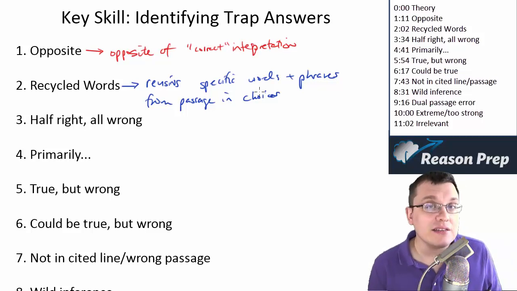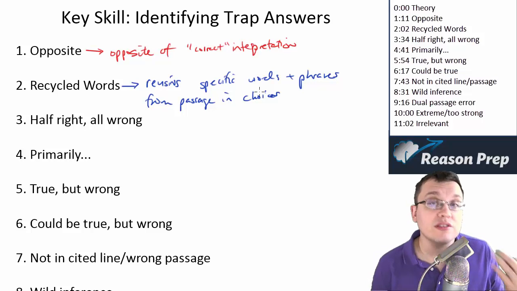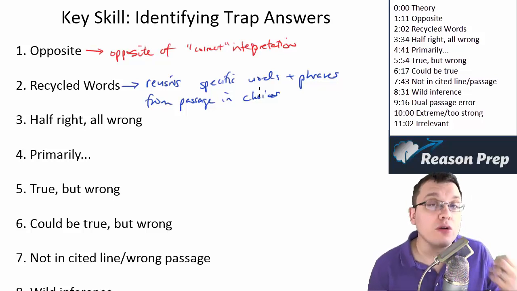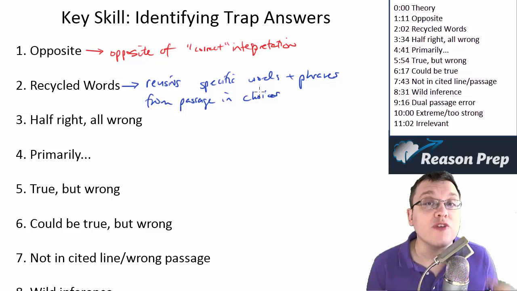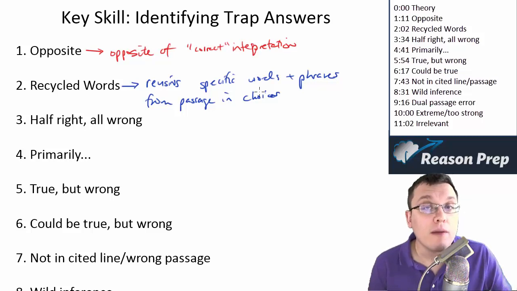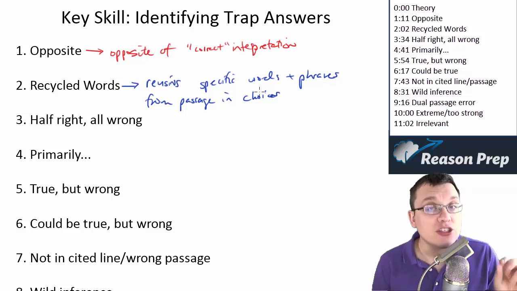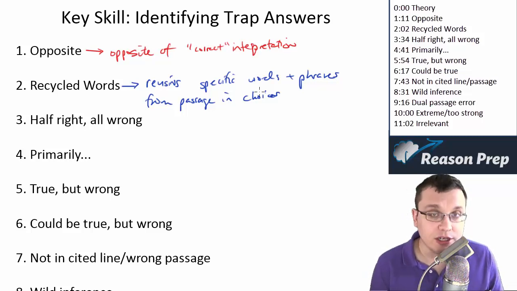That is not the case anymore, but you can still use this as something to look out for. If they're reusing specific language, specific words, particularly from the passage in the choices, that's usually a bad sign. Not always. I've seen questions where that's right, on easier questions generally, but it is something to look out for.